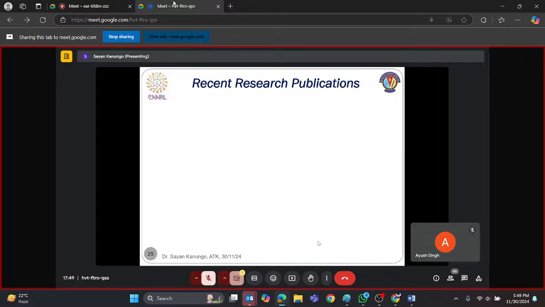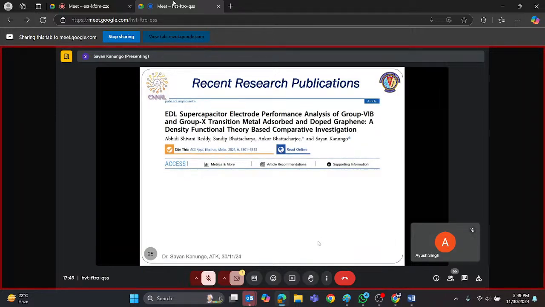The next research in this particular domain that I'd like to highlight is the ideal supercapacitor electrode design for graphene, where the group 6B and group 10 transition metal atoms are surface adsorbed and substitutionally doped in graphene.